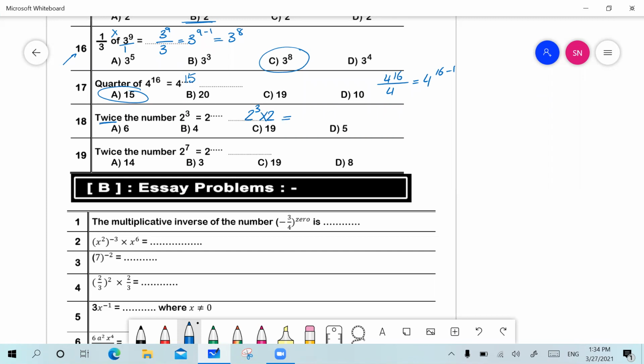So it's equal to 2 to the power of 3 plus 1, so it's equal to 2 to the power of 4. Okay. But if the 2 is to the power of 3, it's going to be 6, right? Yes. Okay, thank you. Welcome.